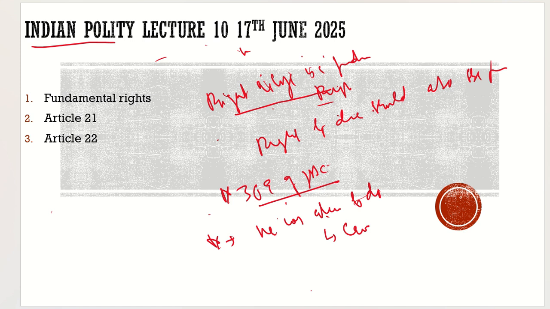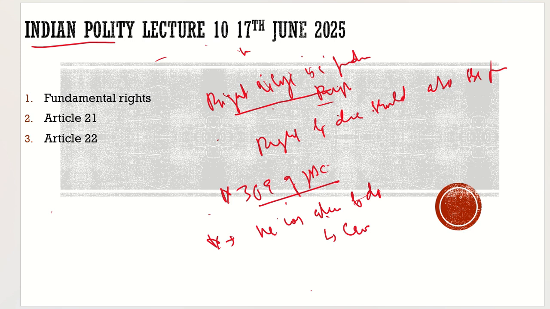Suppose he attempted to kill himself, but somehow he did not die, then he would be accused of a crime under Section 309 of the Indian Penal Code.